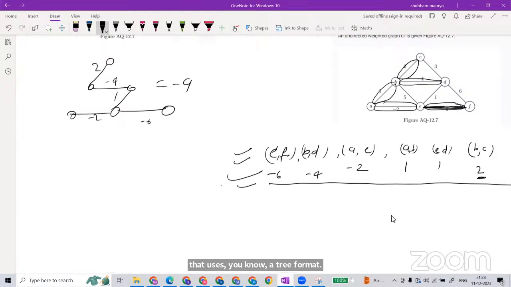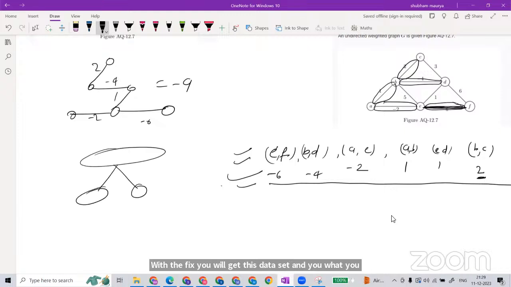Whatever I have seen, you will get a data set and train it, and then you will break your data set into two parts, and again train and again break into two parts, and it will be a kind of tree.